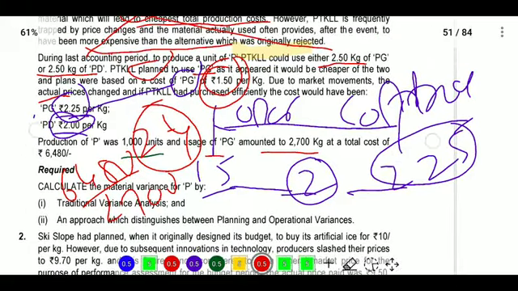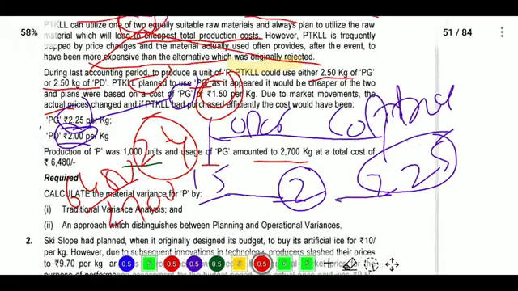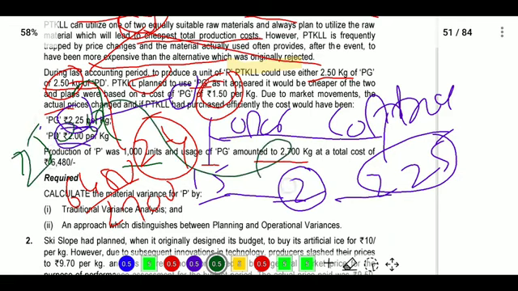We budgeted 2.5 kgs into 1000, so it will become 2500. Budgeted will be 2500, where the actual purchase is 2700. So 2500 minus 2700 is 200 negative usage variance.